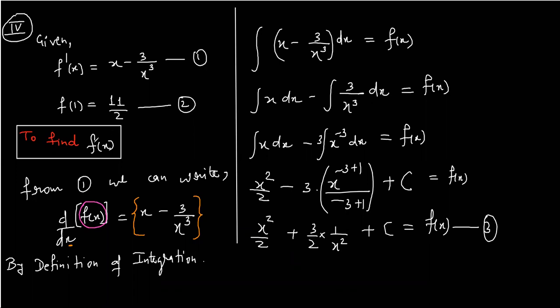So students, I got f of x. They had demanded f of x, and I have obtained f of x. But in my f of x, the c is still left. I need to find the value of c, and for that they have given me one condition, one data. What is that? They give f of 1 as 11 by 2.